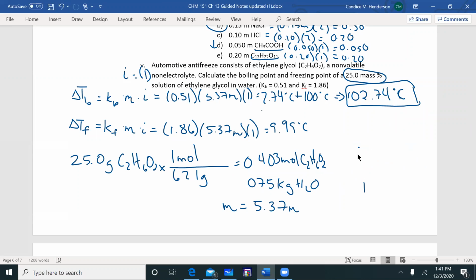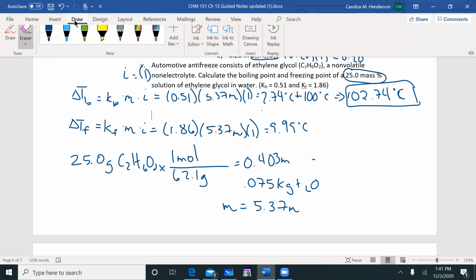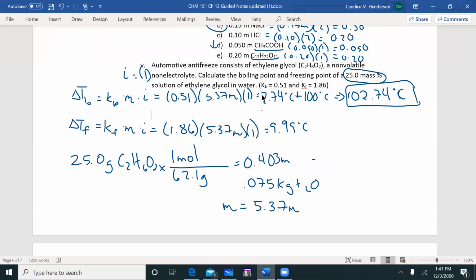So in order to find the new freezing point, we need to take our original freezing point and subtract. So remember, add it in boiling, subtract it in freezing.